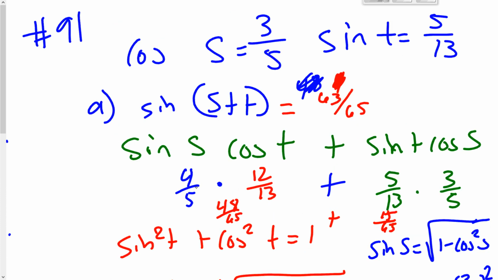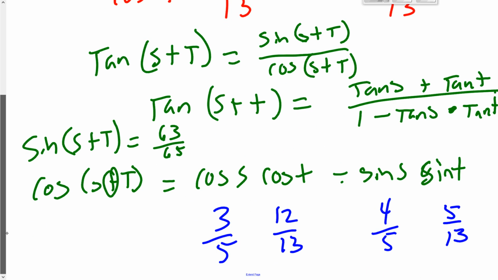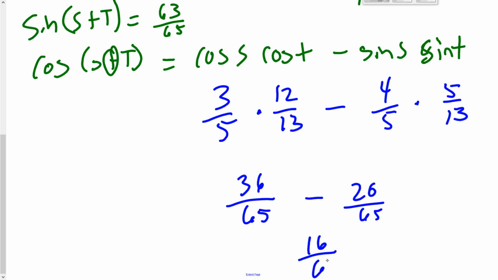Because sine of s is actually 4/5. I did sine it, yep. Okay, so we are good. So we can multiply these and then subtract. All right, so here we go, 36 65ths minus 20 65ths is 16 65ths.